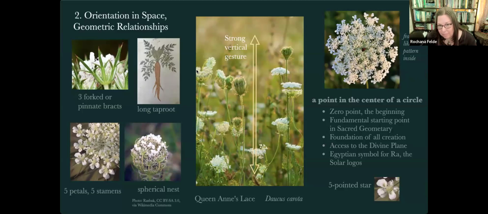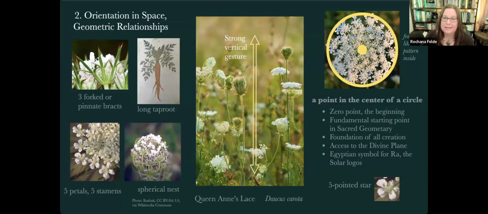Going over to the right, looking at that flower head again, it's really interesting. That pattern looks like kind of a snowflake or a fractal. But what's so profound, I think, about this flower is that it's got the point in the center of the circle. And that is a fundamental starting point in sacred geometry, which is something I've been recently studying. It represents the 0 point, the beginning, the foundation of all creation.